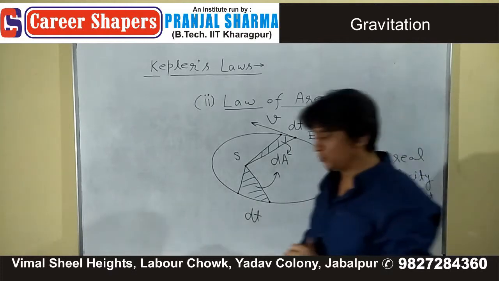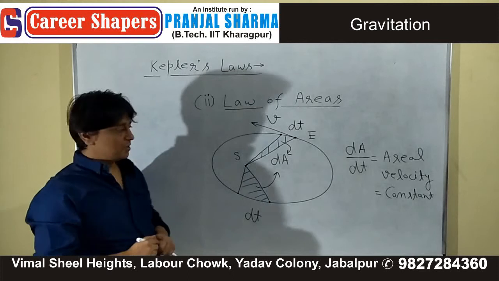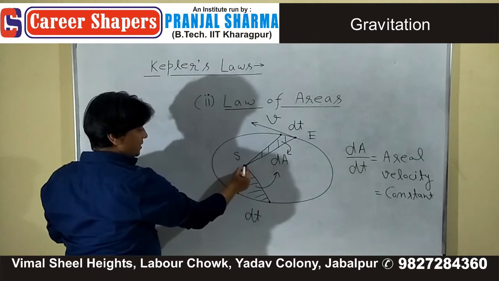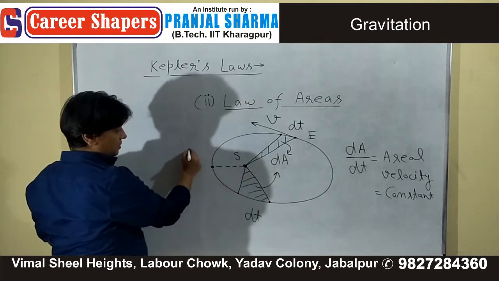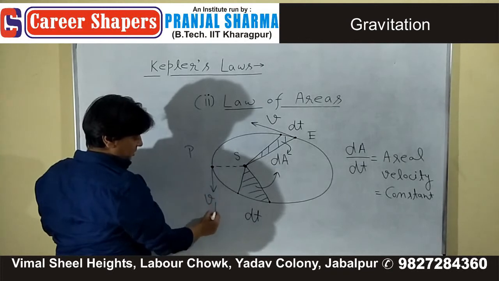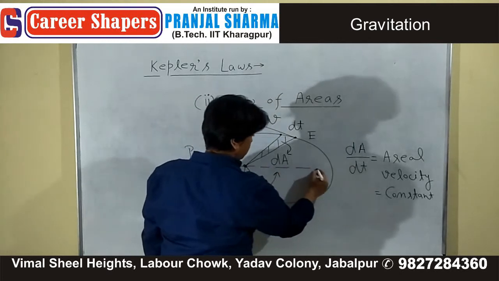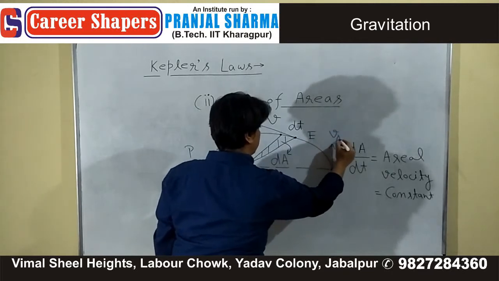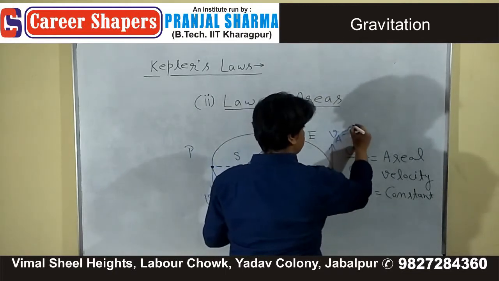That means if I ask you, what is the point where velocity of a planet will be maximum, then you will say that when a planet is at perigee, if its velocity is vp, and when a planet is at apogee, its velocity is va, then this va is minimum.